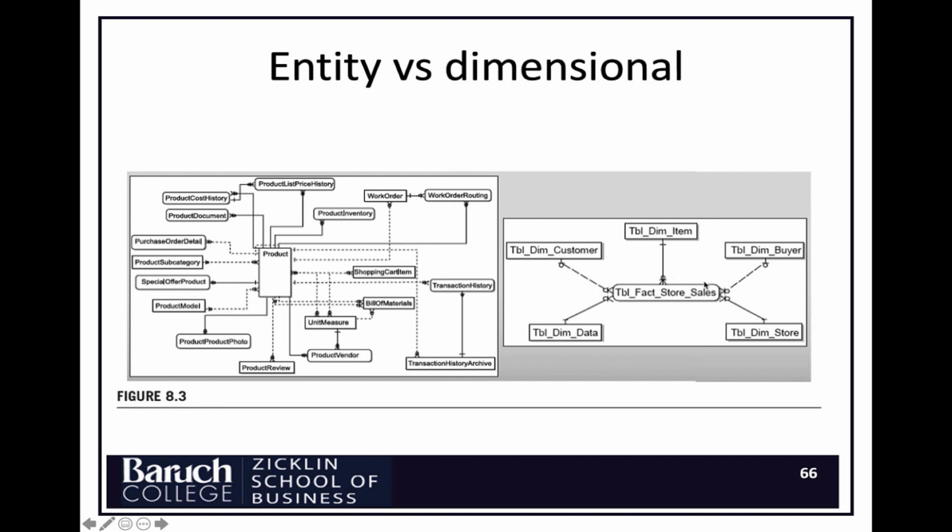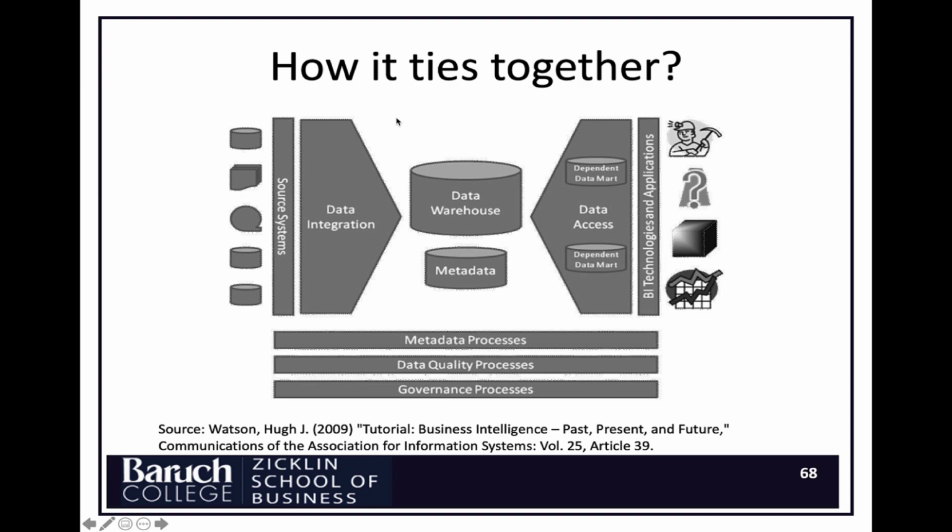These tables are also called fact tables. They're not called relational databases anymore, but they have elements of our database, so they are related to each other. So that's a difference between entity and dimensional databases. Again, the details of these we're going to cover later.